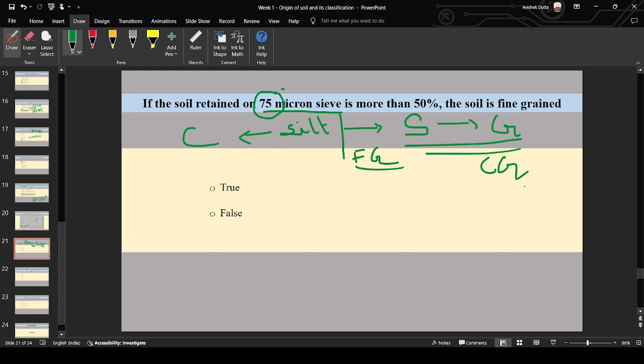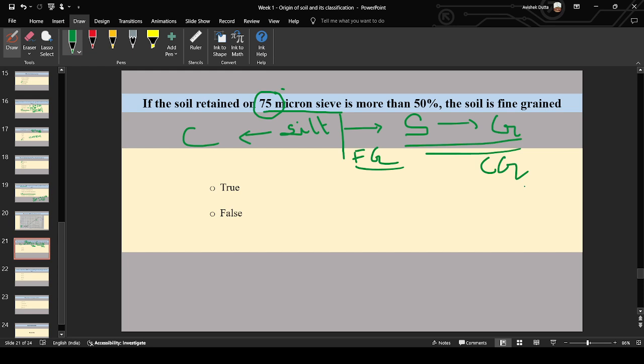I repeat once again, this question means that more than half of the soil mass is retained in a 75 micron sieve. It means that more than half of the soil falls beyond the maximum size of the fine grained soil. So more than half of the soil falls in the range of the coarse grained soil.